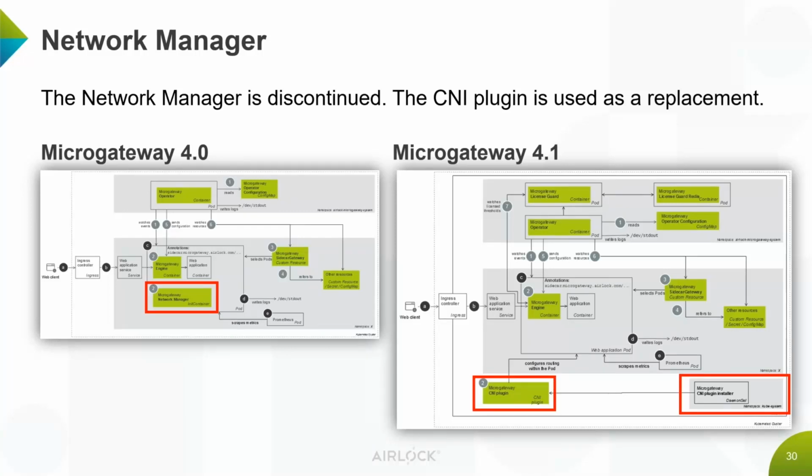So this solution, the network manager, is now discontinued, and we now provide as a replacement the CNI plugin. For you as a customer, that should be a one-to-one replacement. You should not see any differences, except that you do not need more privileges.